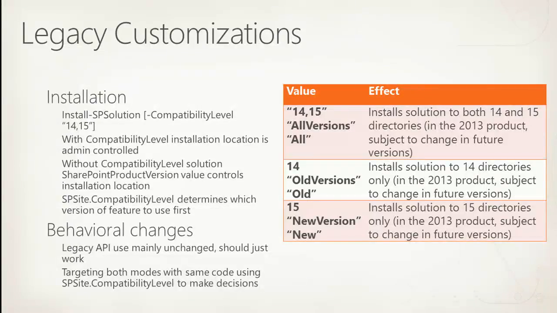It'll only put it in the legacy 14 directory. But if it says 15, it'll install into the 15 directory. Once again, you can override that with that previous value that I mentioned. Now, this table that you see here are the possible values you could pass in for the compatibility range information that you're using in the compatibility level parameter.